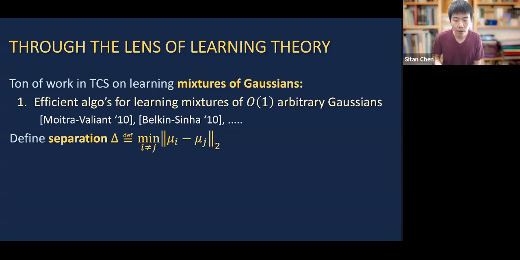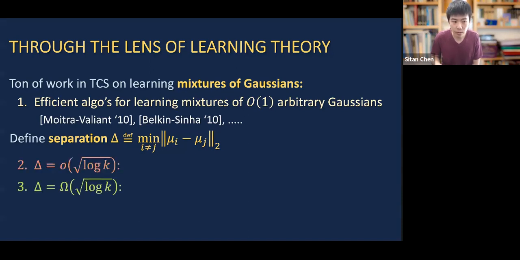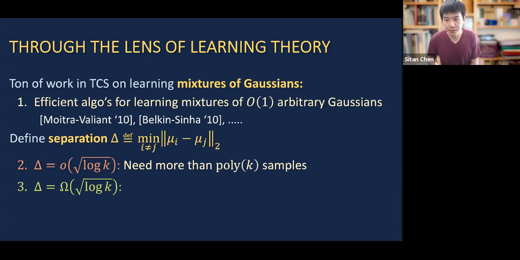If we focus on the separation parameter, then we can pinpoint a particular threshold, at least in an asymptotic sense, so that below this threshold of root log k, you can prove that you need a super polynomial number of samples to learn. But above this threshold, polynomially many samples suffice.